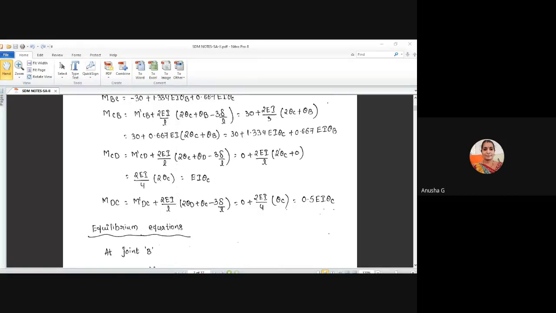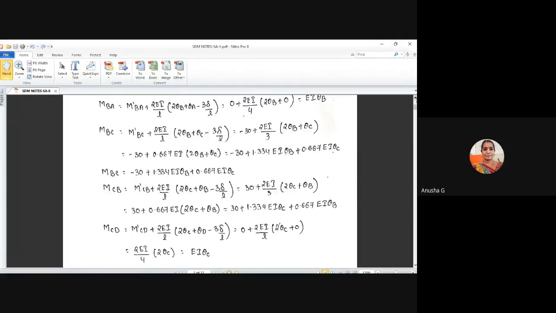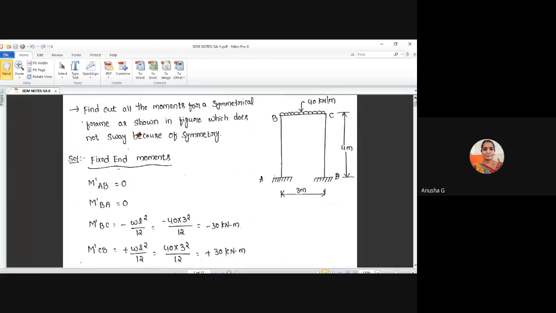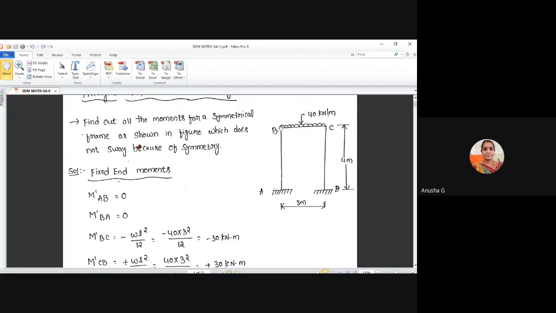Now we'll solve. We'll take the equilibrium equations. Where do you have to take the equilibrium equations? What are the 2 places? Here we will take one equilibrium equation at B, MBA plus MBC.